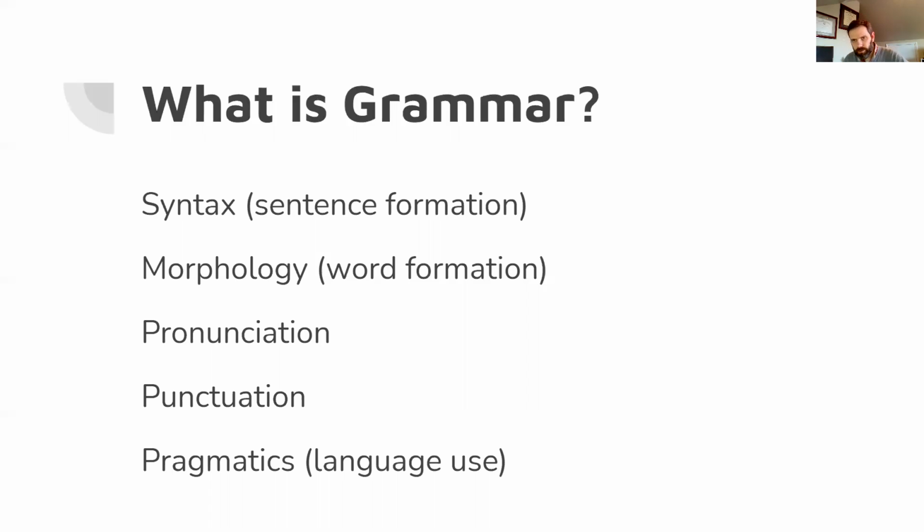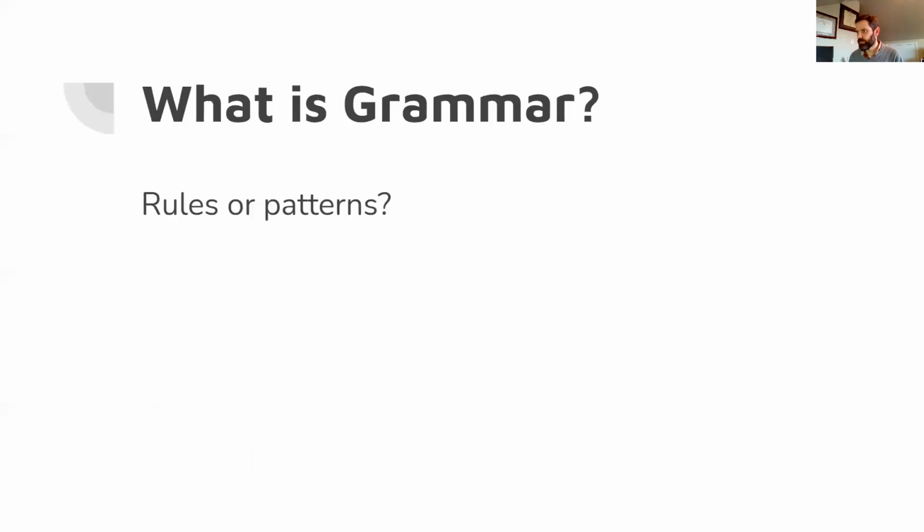And another linguistic term, pragmatics, which has to do with language use. How do we appropriately use language for different situations? Other people might also consider that part of grammar is knowing when it's appropriate to use these different structures in different situations. So grammar could mean a lot of different things, but most people think of it as being, how do we build sentences and words?